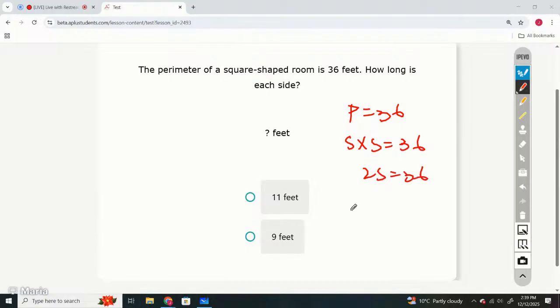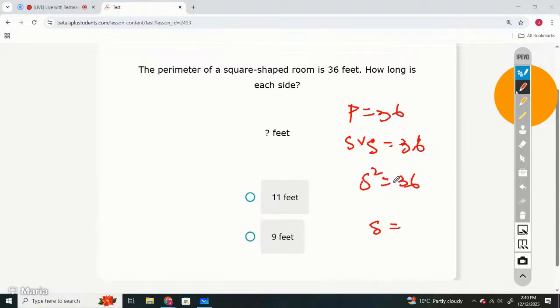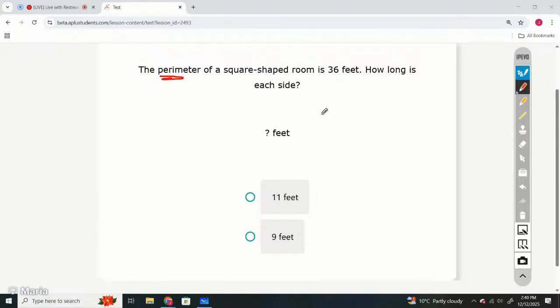Oh, wait, not that. Sorry, the perimeter is given, that is not square.